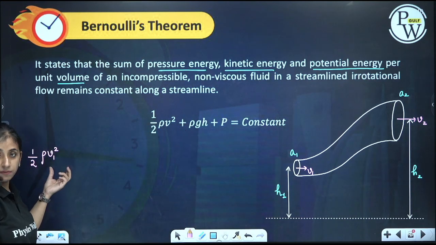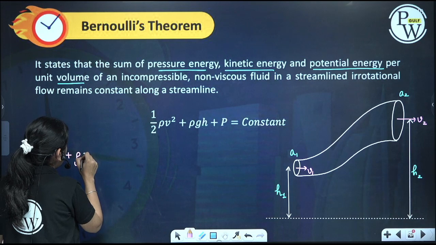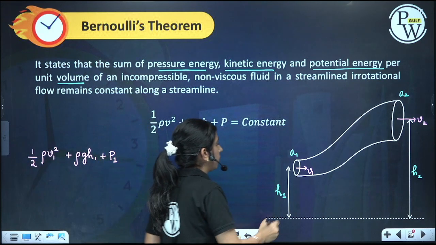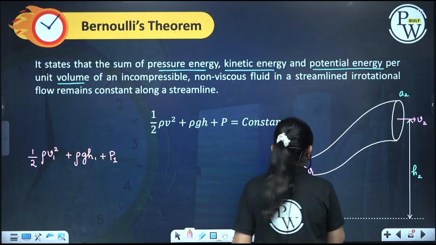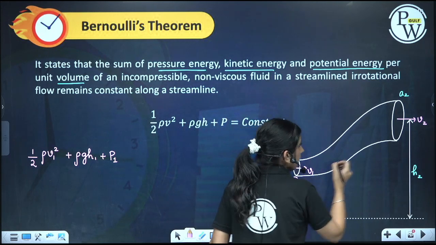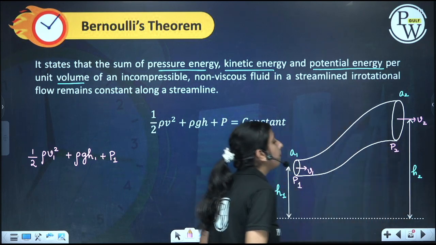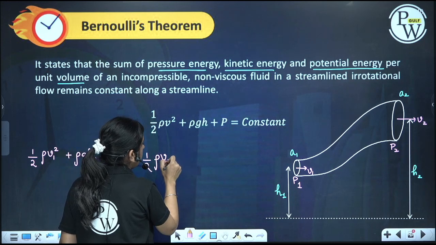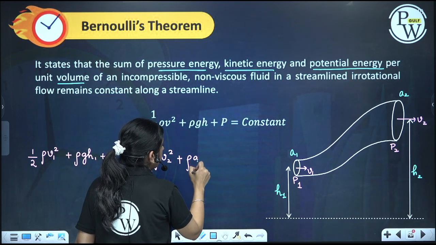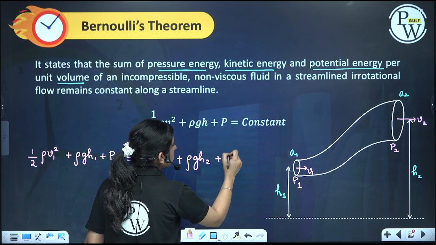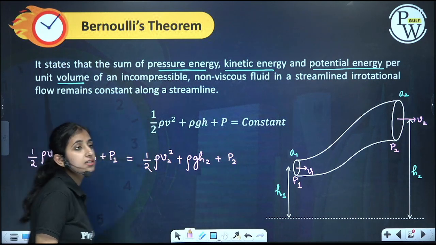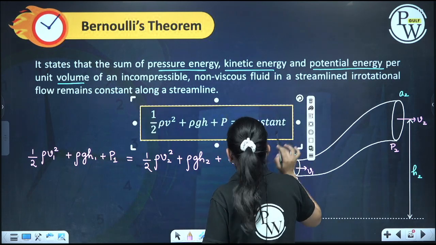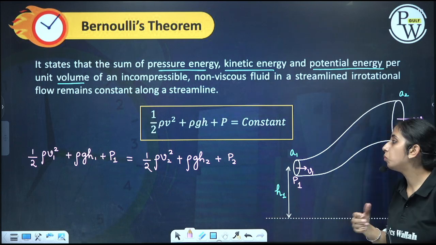So half rho v1 square plus rho g h1 plus P1, where pressure at this point is P1 and at the other point is P2, is equal to half rho v2 square plus rho g h2 plus P2. This is Bernoulli's theorem. It is very important, you must remember it.